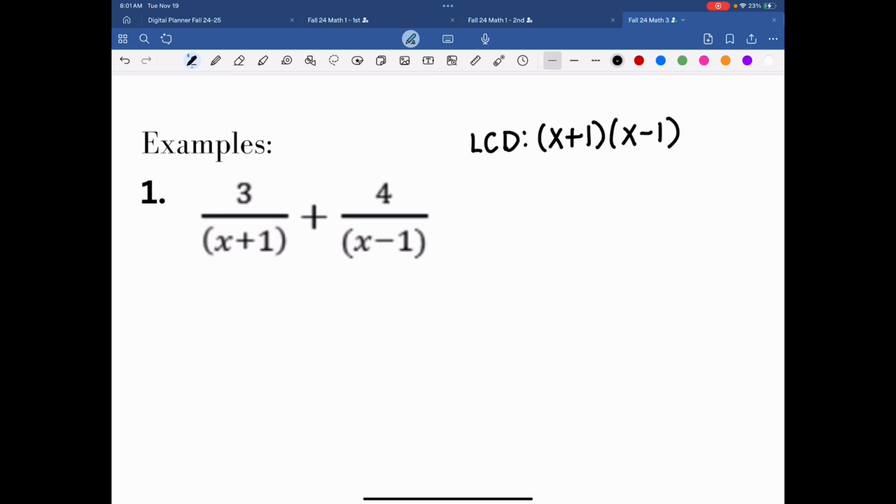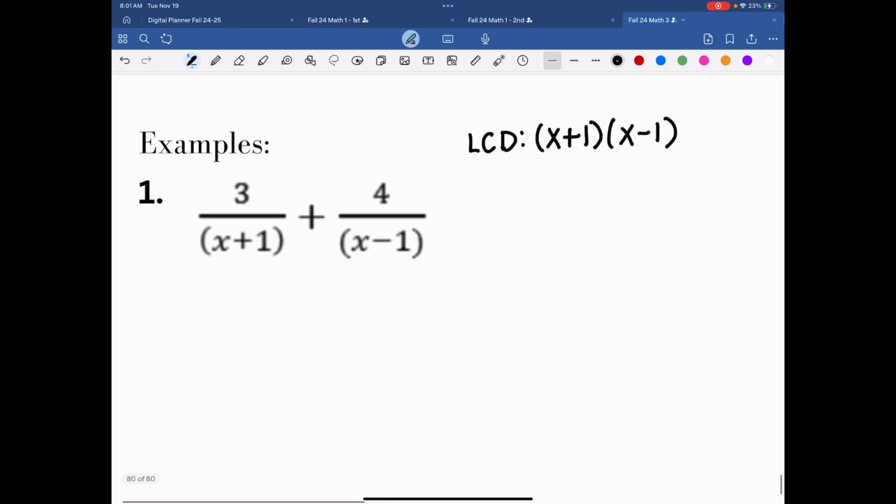So when we're done, we want our denominators to be x plus 1, x minus 1. So we're going to multiply this side by x minus 1 on the top and the bottom. And this side we're going to multiply by x plus 1 on the top and on the bottom.